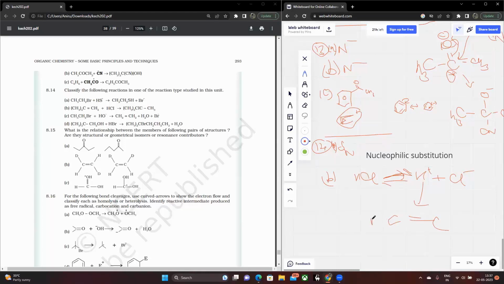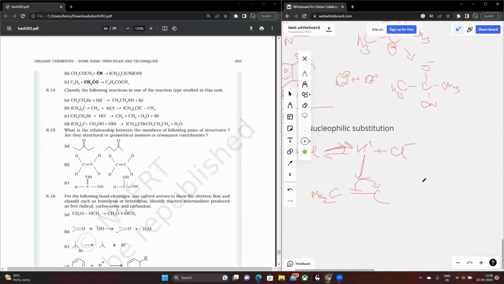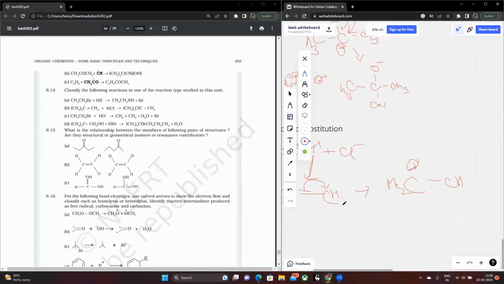I don't care about what's, I'll just write it as this. It basically splits up as the electron pair, right? So this becomes Me2C, carbocation formation, CH, right? It's already CH2, so it's CH3.